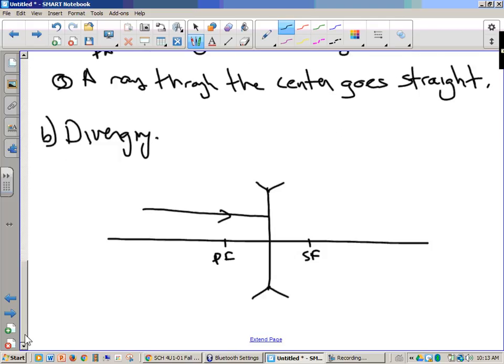Yeah, looks like it's coming from PF. So it bends up and away as if to come from PF. So your ruler goes on PF, right? It goes on PF and that spot and goes up and away. So I'm going to just draw the dashed lines up like this and then the solid line out like that.